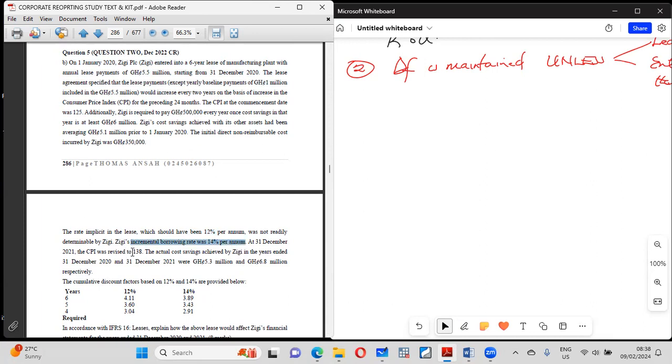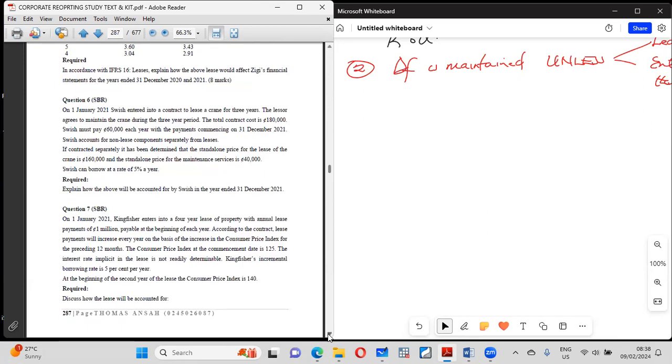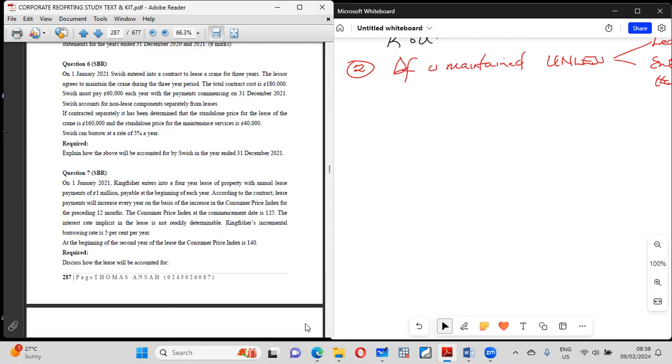Then you see the CPI has been revised to 138. Look at the question that we are coming to do. So I keep telling you that if you get the opportunity to buy this book, you will be having familiar questions to be dealing with. Look at this. Don't you see the same thing commencing at 125, but instead of 138, they made it 140. And they just brought in certain things to a little bit confuse you. It's the same thing.